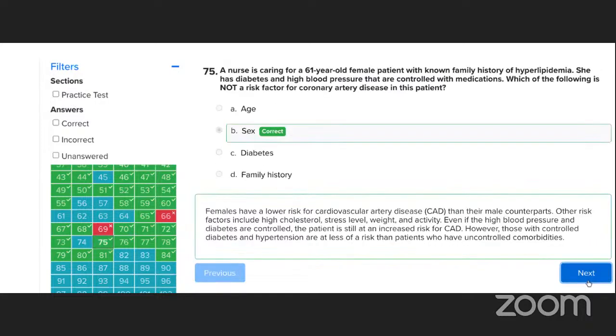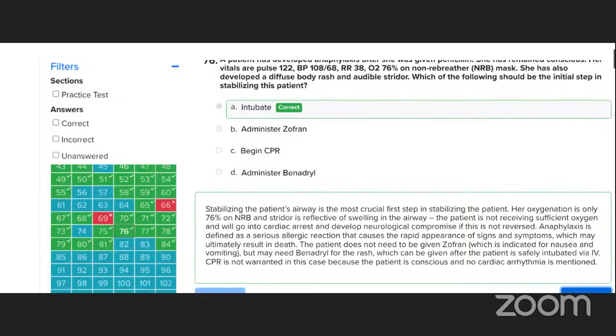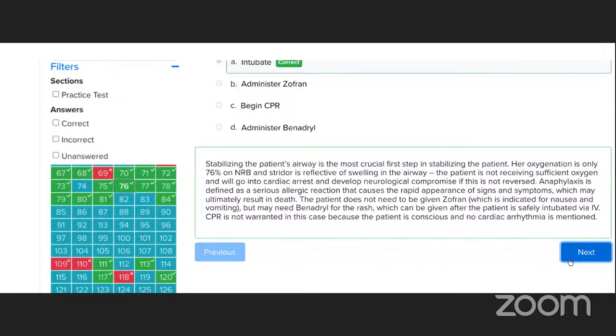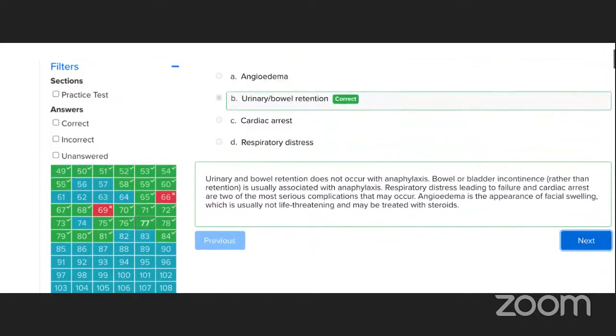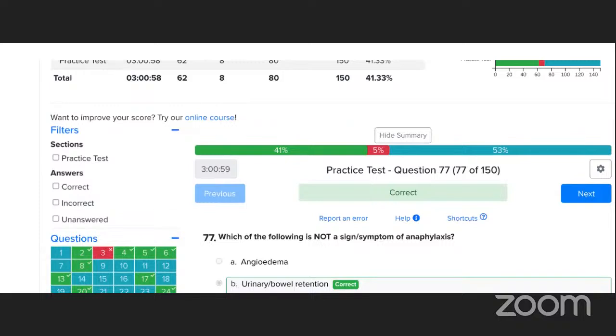Okay, then our last question is, this is our last question. Which of the following is not a sign and symptom of anaphylaxis?